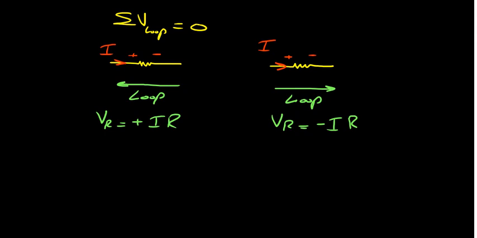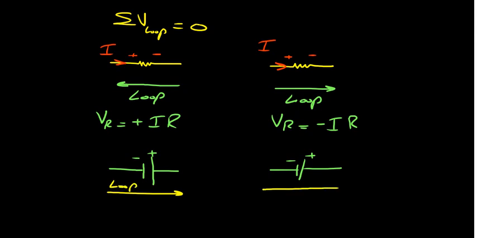Now let's try it with the battery. I have my battery, and I have also my other battery. Now my travel direction, or my loop direction, was this way, and in here was the other way.